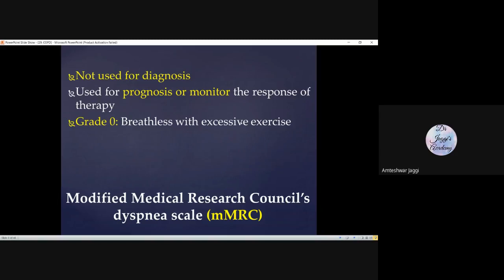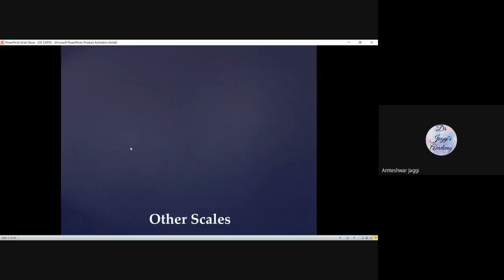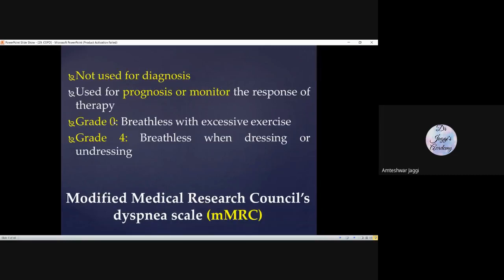On the extreme end, grade 4, he is breathless even while putting on or removing clothes. Even that is so bothersome for a person. Grade 4. In between there are certain grades, 1, 2, 3.